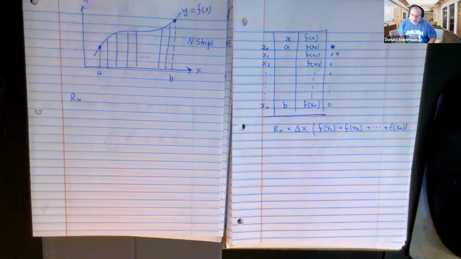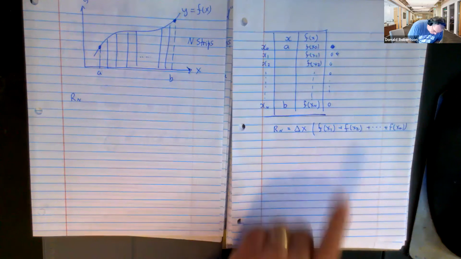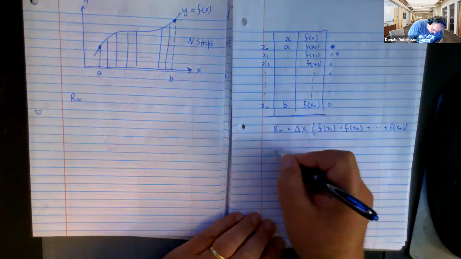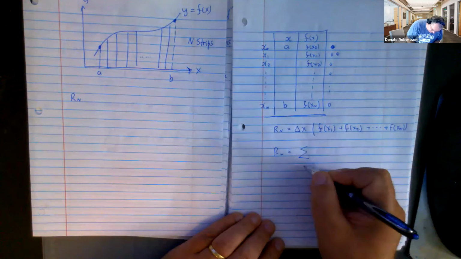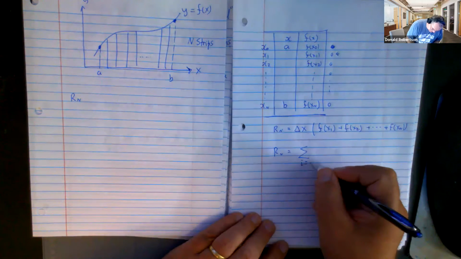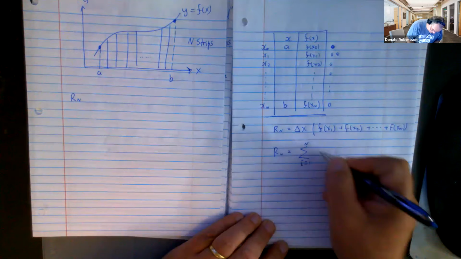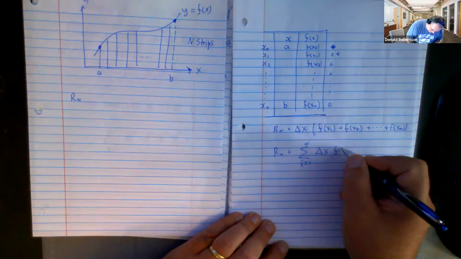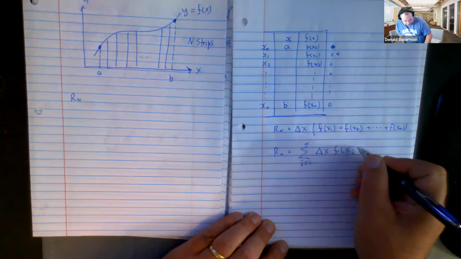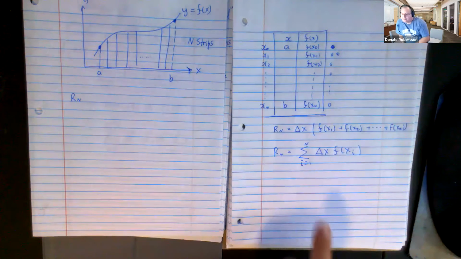And this could be written down as a Riemann sum. It would be sigma i equals 1 to n of delta x f of xi. Now let's see why that and this are the same thing.